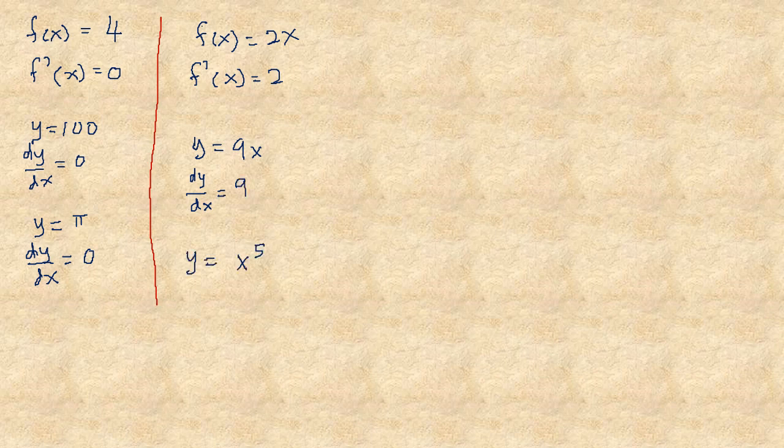Alright, now we have the function x to the power of 5. To differentiate this, dy/dx equals, we bring the power to the front, and then power minus 1. So we get 5x to the power of 5 minus 1, we get 4.